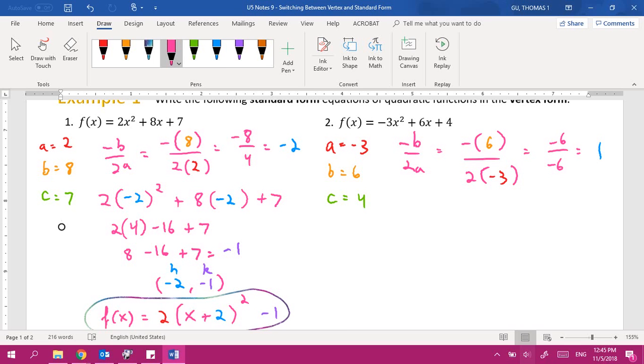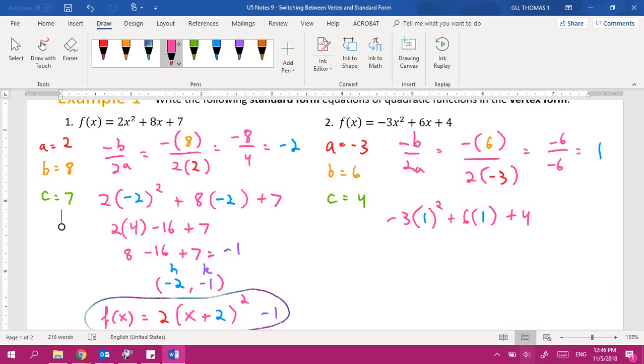Now we need to find the y value for the vertex, so we just plug that in. So negative 3 times 1 parentheses squared, plus 6 times 1, plus 4. All right, now simplify this. We need to square the 1 first, which turns into what? 1, right.